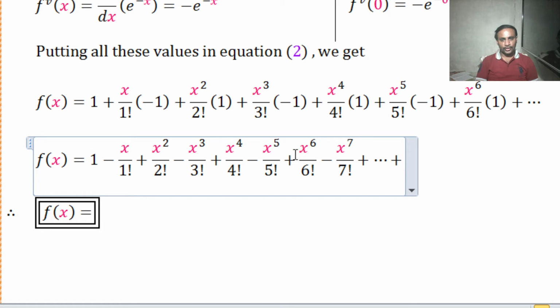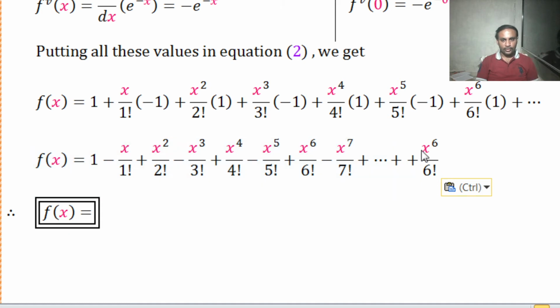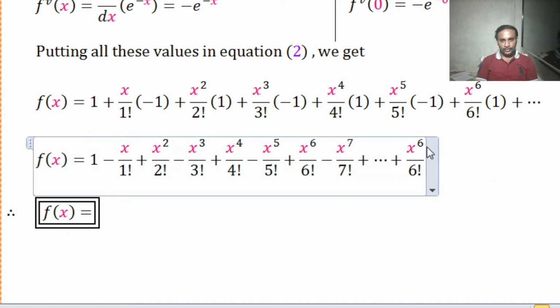But if we take nth term, then nth term related to this function is x raised to n upon n factorial, but here we are taking alternate plus minus sign, that's why nth term is minus 1 raised to n into x raised to n upon n factorial plus and so on, infinitely many terms.